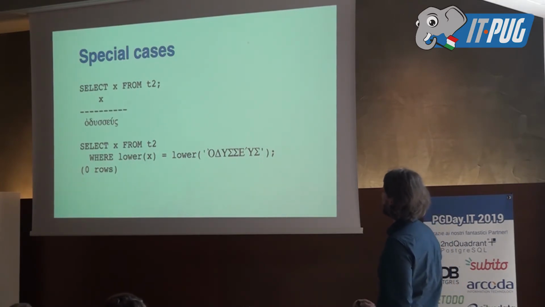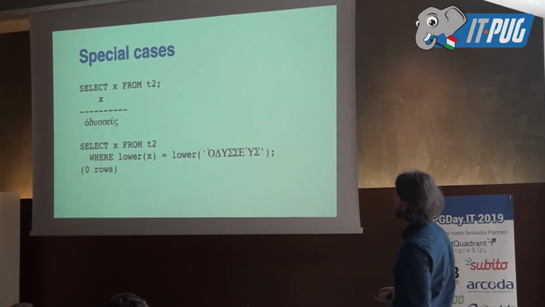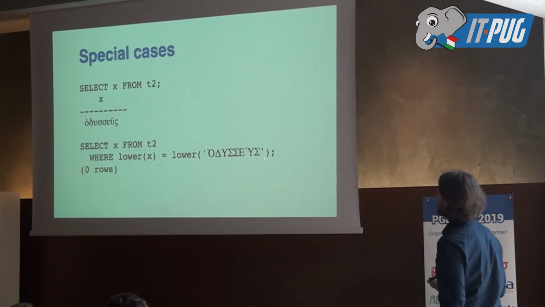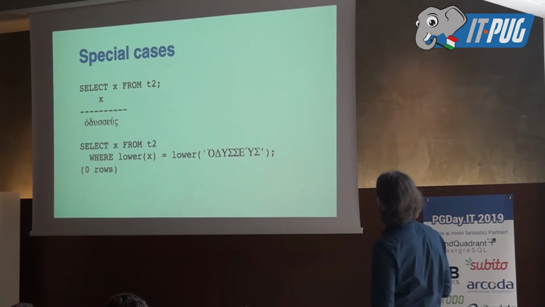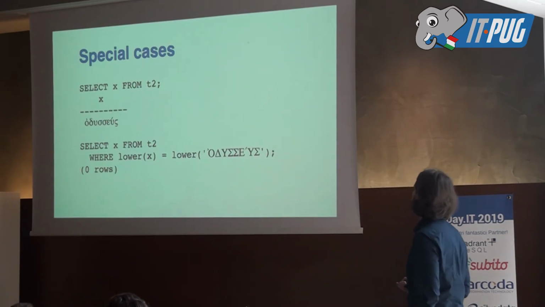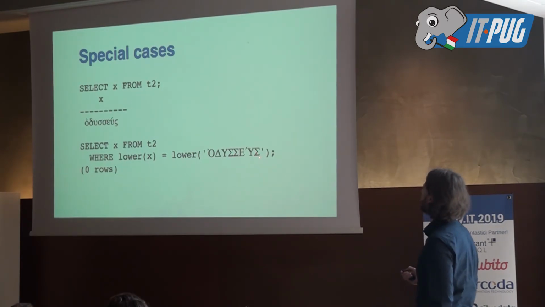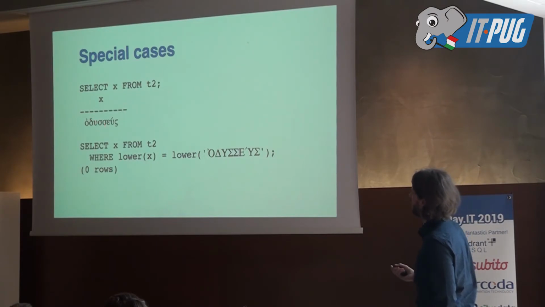So if you were to do a case-insensitive search on this, maybe you enter this as your search term from your interface. This is the uppercase sigma here. You probably recognize that from math class. If you lowercase this letter, it has to decide which one of those it picks, and by default it will pick this one. So if you do this, it will not match that.